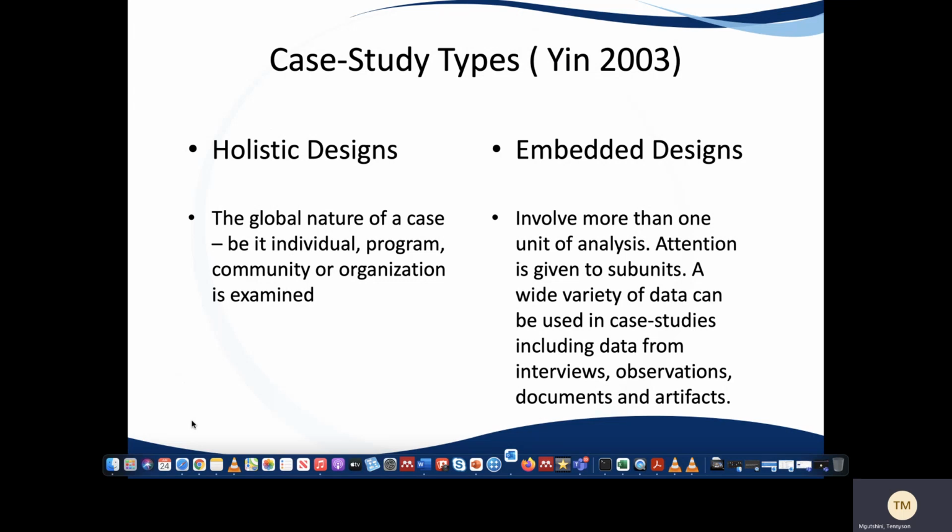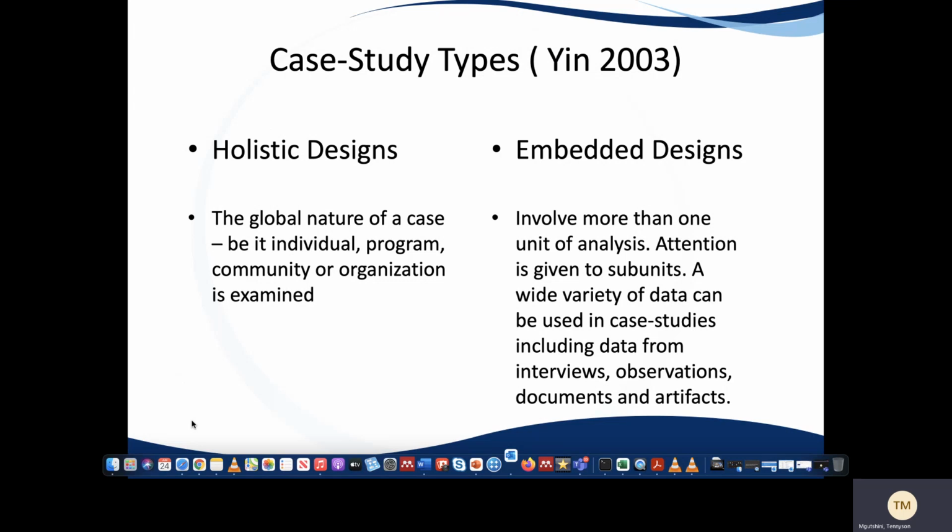So if, say, for example, I was studying people's views about X, I could call 50 people and study them as a collective group, or I could call 50 people and subject one person to a complete study of their view, then subject the next person to a complete study of their view, and the next person to a complete study of their view. That would be more likely to be a holistic design.